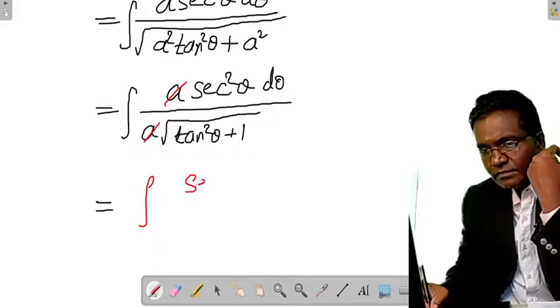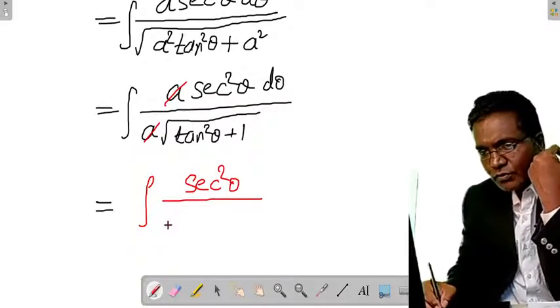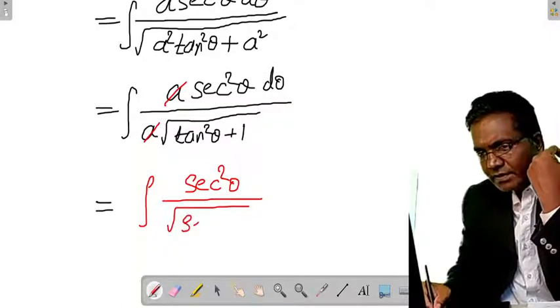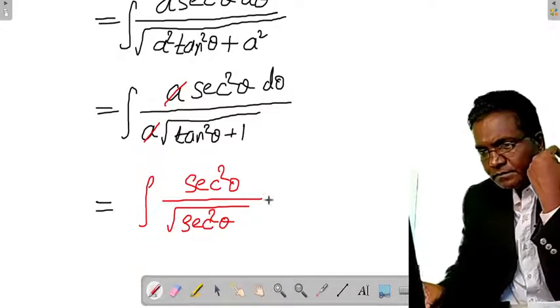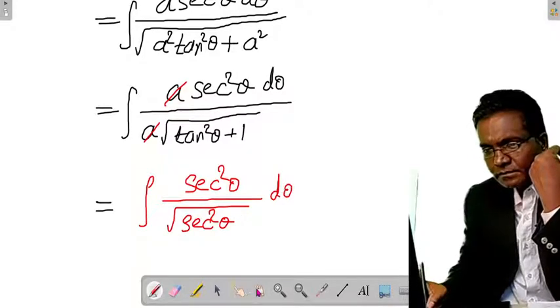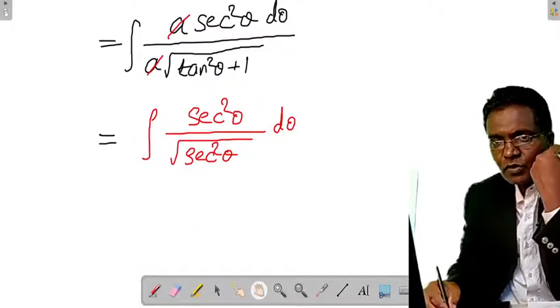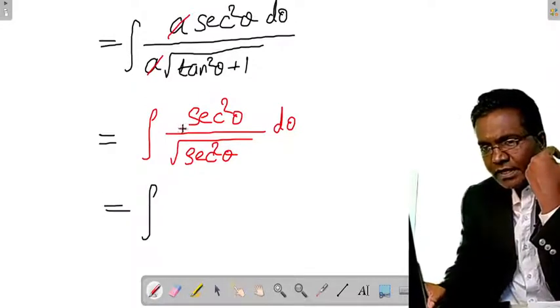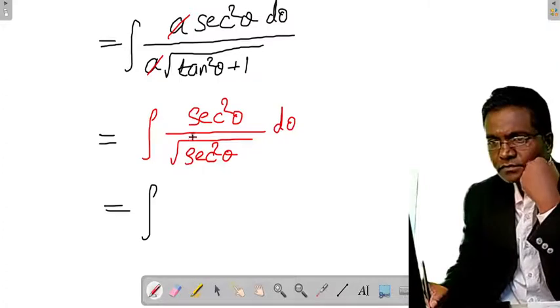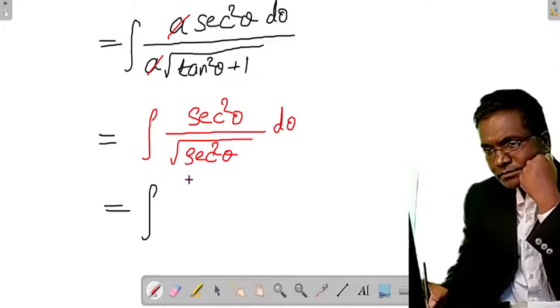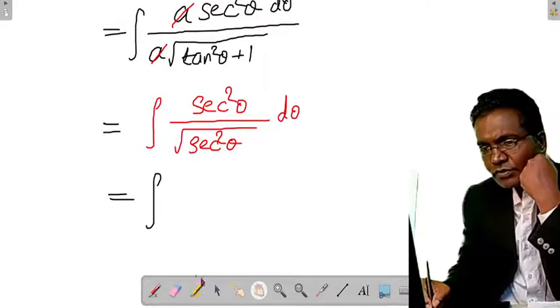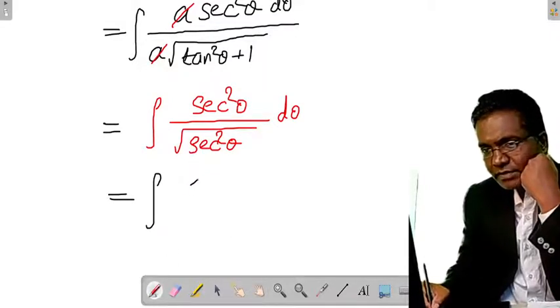Integration of secant square theta by square root of tan square plus 1. 1 plus tan square is secant square theta. So this secant square theta by square root of secant square theta.